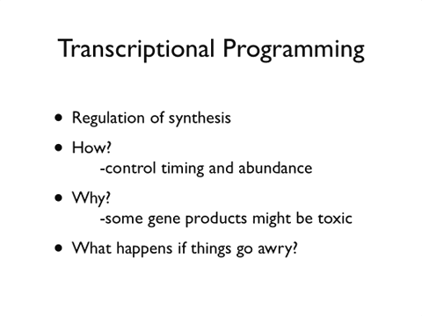Why various amounts of specific RNAs are made is still not clear. Why do you need to do this? Well, some gene products are toxic, and if they're made in large amounts at early times post-infection or misregulated, what you're going to do is essentially kill the cell. And that's what happens when things go awry.